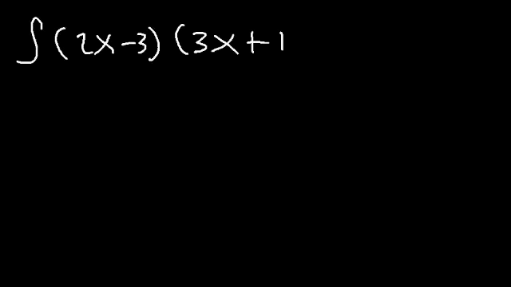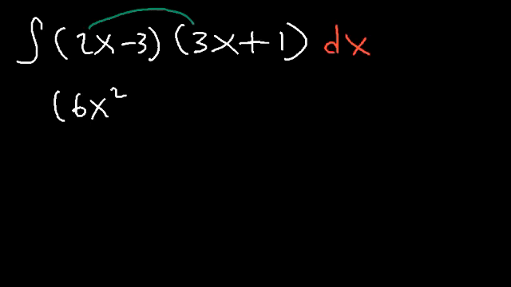Now, what would you do if you were given an expression that looks like this? What is the antiderivative of 2x minus 3 times 3x plus 1? Go ahead and try this example. In a situation like this, before you find the antiderivative, FOIL the two binomials. 2x times 3x is 6x squared.